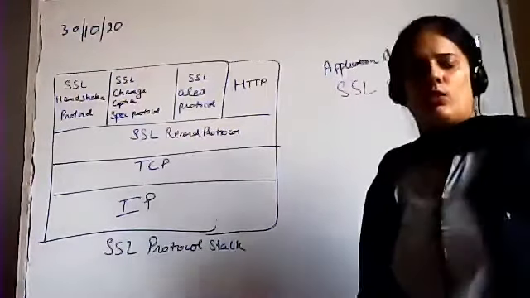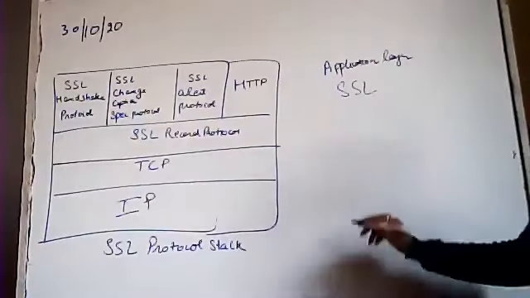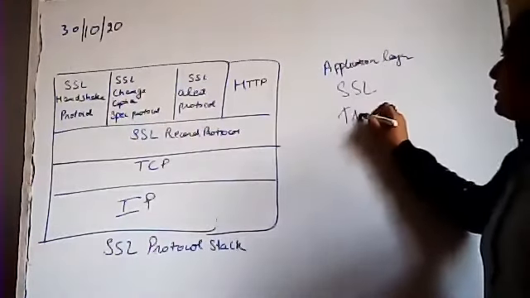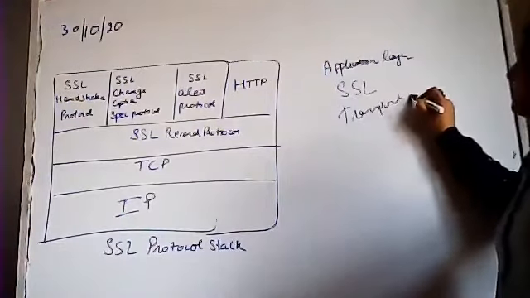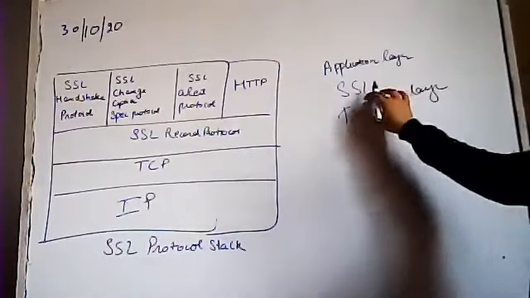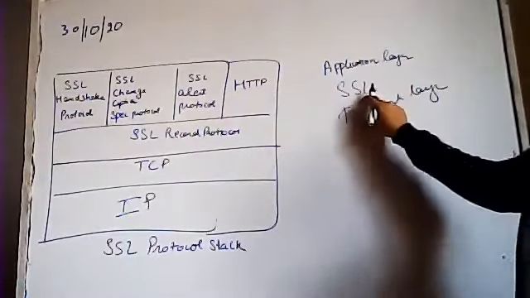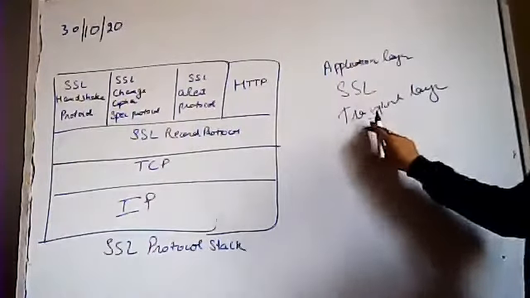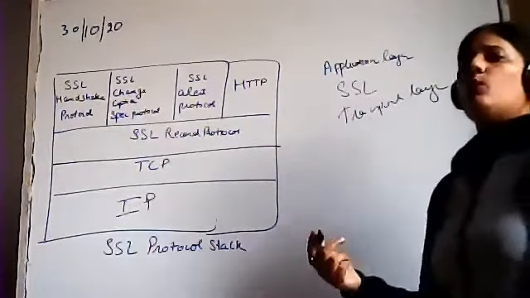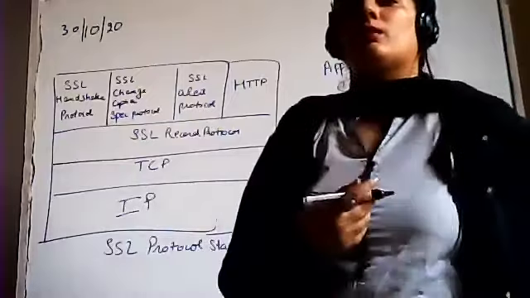This Secure Socket Layer is available in between your application layer and your transport layer. Clear? It is available between your application layer and the transport layer when you are interested in making your communication more secure.